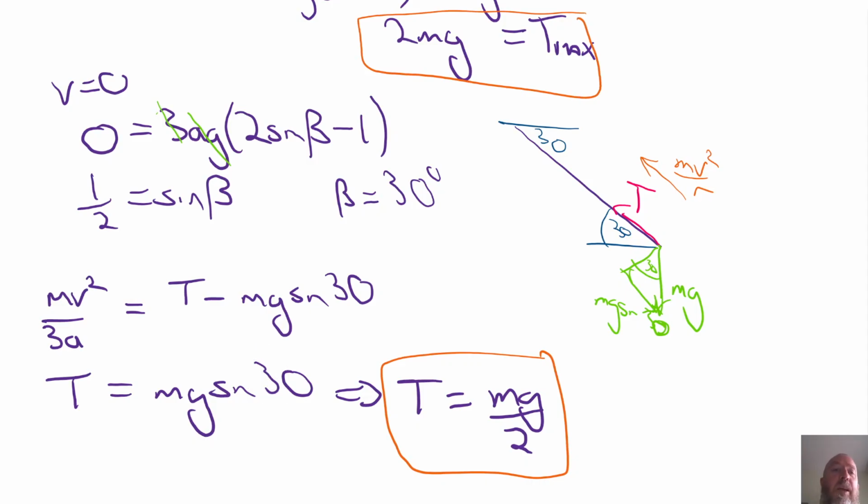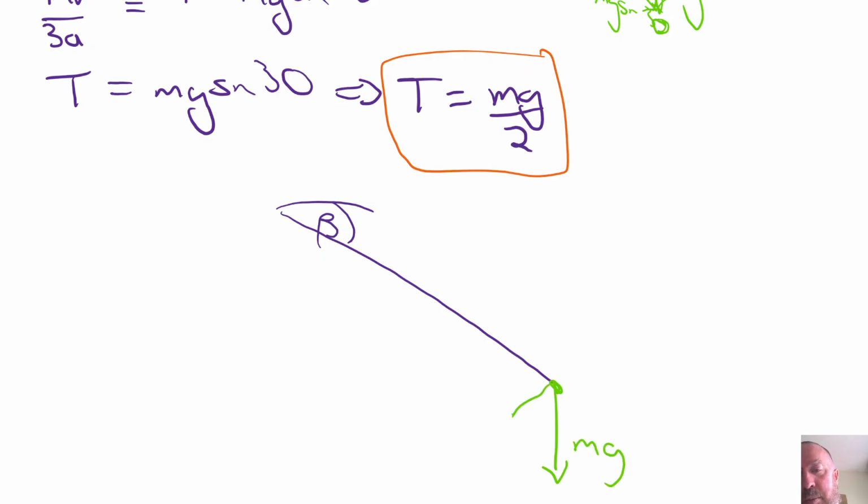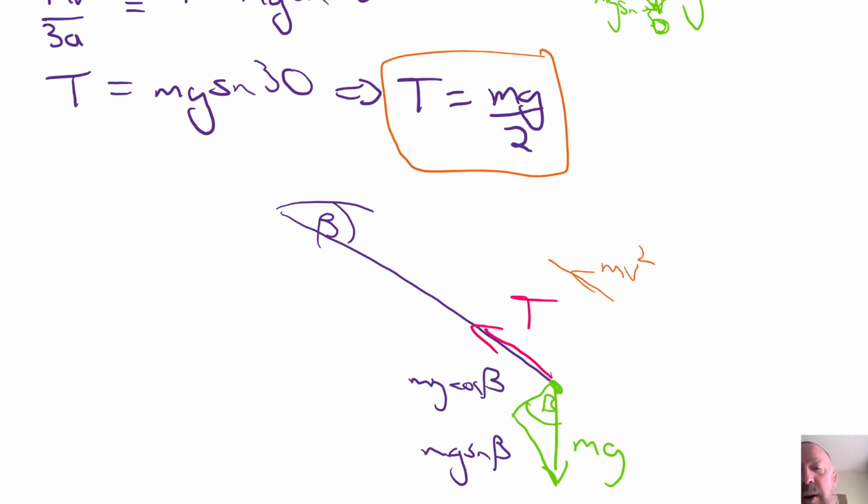Now there is another way to look at it, very quickly. If you were to do your diagram, we don't know what that angle is. We have gravity down, mg, break that down into, I'll be super quick now, mg sine beta, mg cos beta, tension's that way, and mv squared over r is that way.